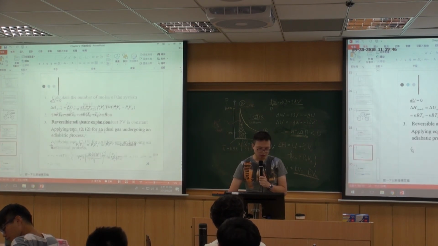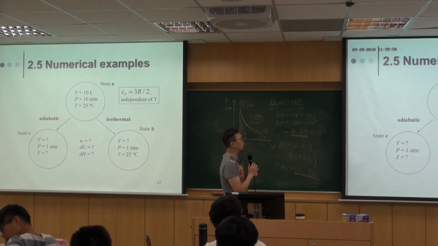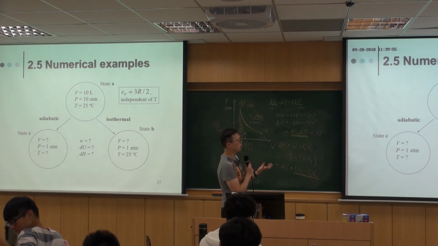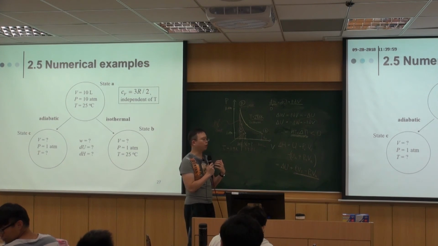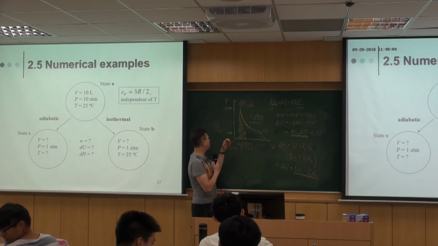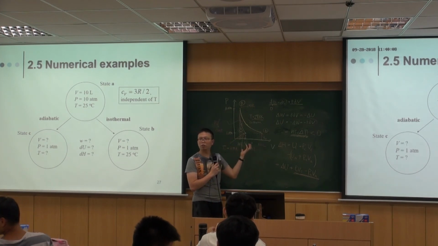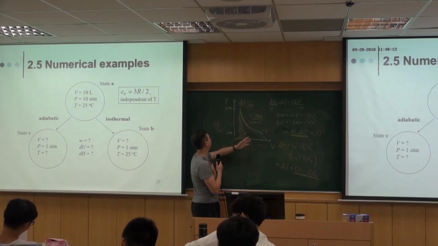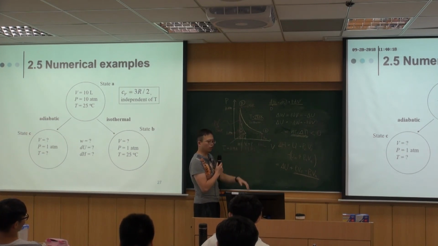Okay, so I think this is the end of chapter 2. And this is a very simple example to show you how to do calculations. At least from my personal experience, I typically would start by sketching this PV plot. This is fairly straightforward, especially when you're dealing with an isothermal process or adiabatic process, you know how it should look like.